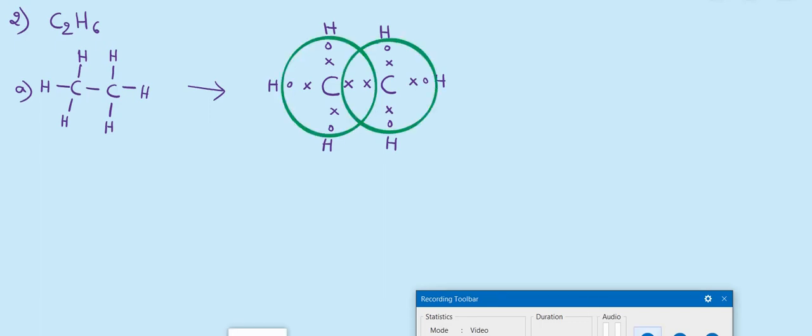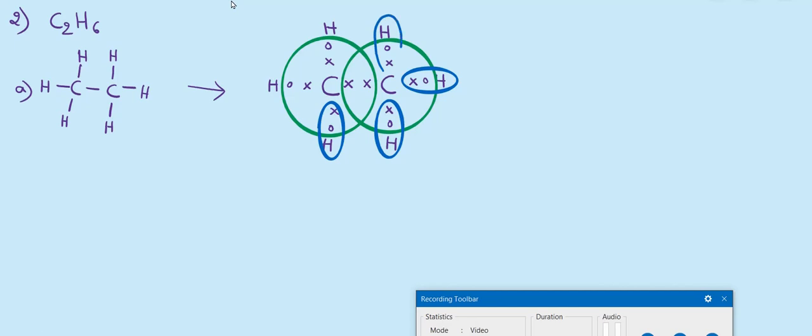Now we have to put circles for hydrogen atoms, because each needs only 2 electrons for its stable configuration, and this is the dot structure of ethane.